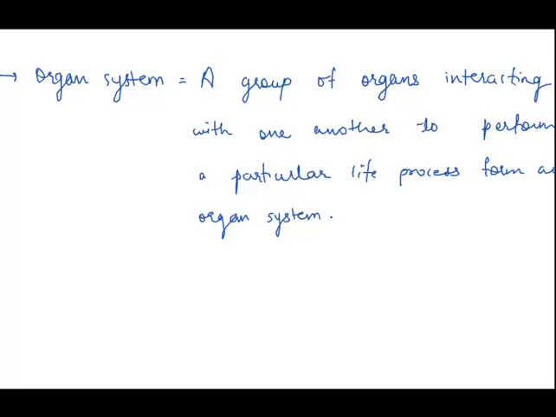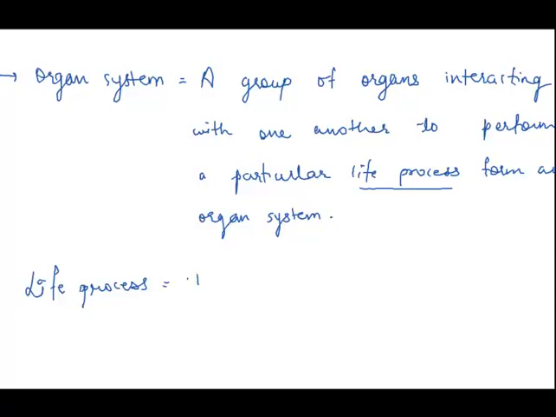Now here we can see that a group of organs interact with each other to perform a particular life process. What do we mean by a life process? Let me explain it more clearly to you students.